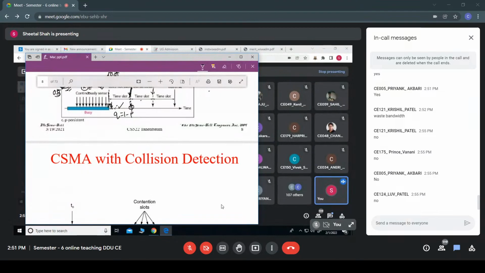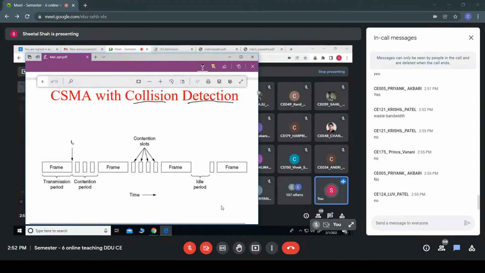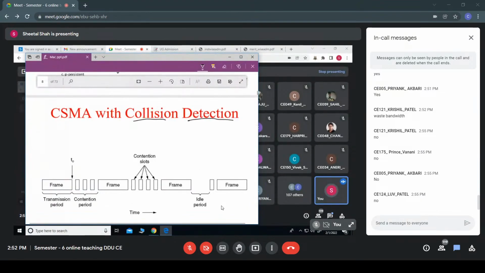CD stands for collision detection. So while the station is transmitting, at the same time it also has to listen to the channel. If it finds that there is a collision, it has to abort transmitting the frame further.